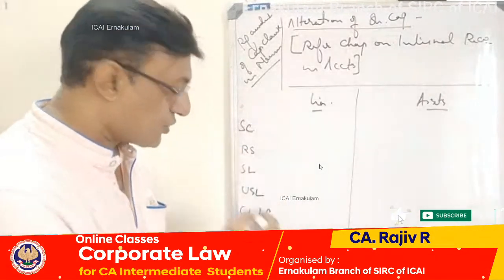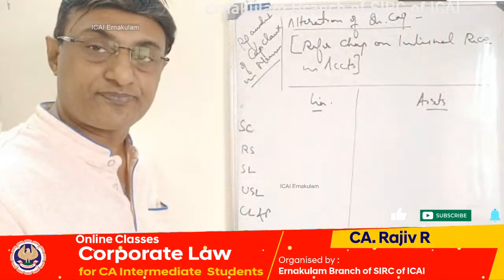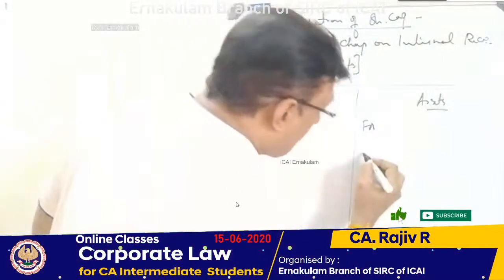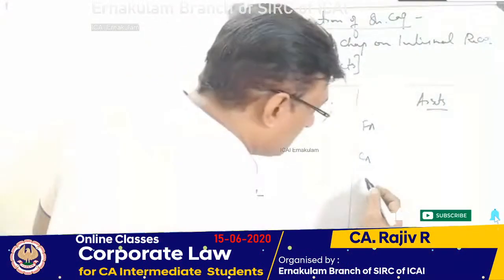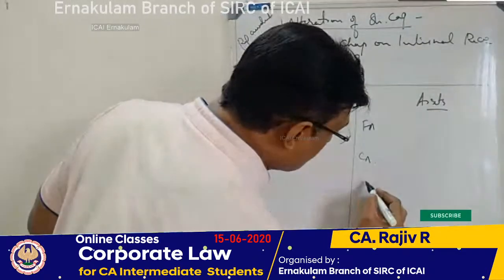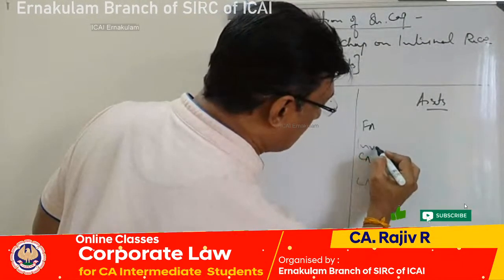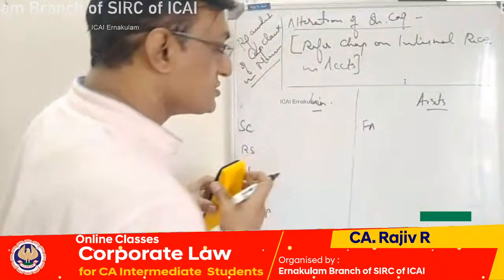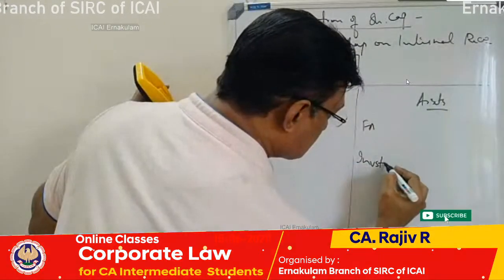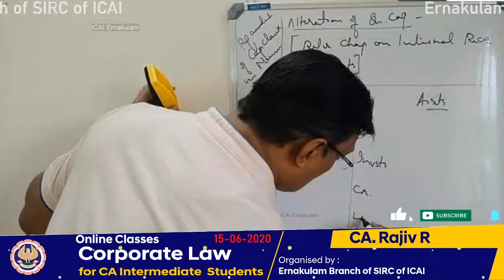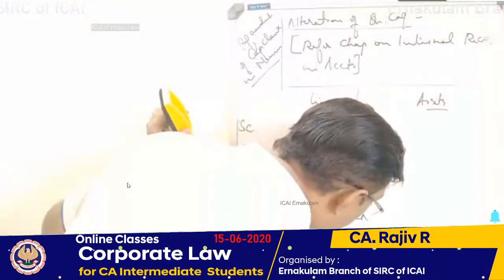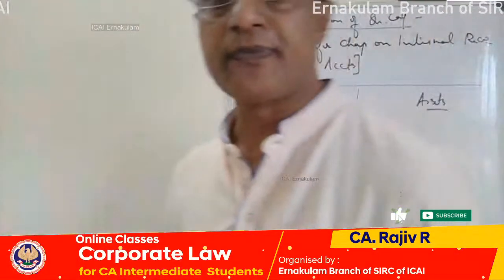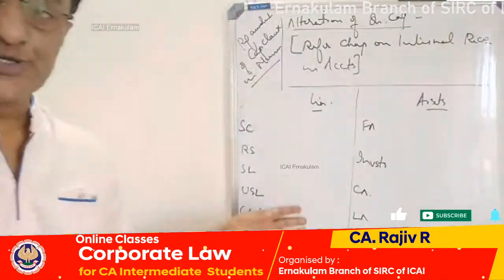On the asset side, similarly, fixed assets, investments, current assets, loans and advances, miscellaneous expenditure to the extent not written off or adjusted. This used to be the form of the balance sheet.